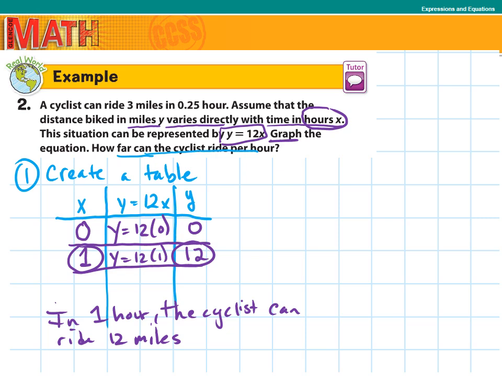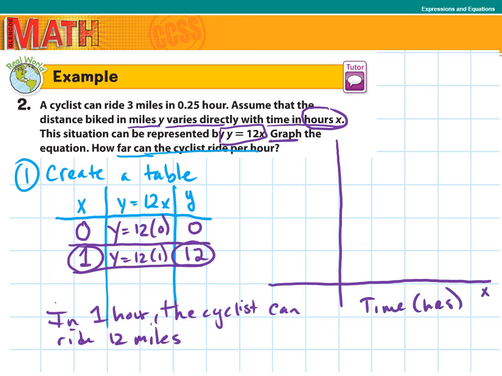But they're also asking us to graph it. Now we didn't need to graph it to solve the problem, but we're going to graph it anyway, because that's what they're asking us to do. Obviously, it's going to be in the positive quadrant, and I'll say x is my time, and it's in hours. y is the distance.